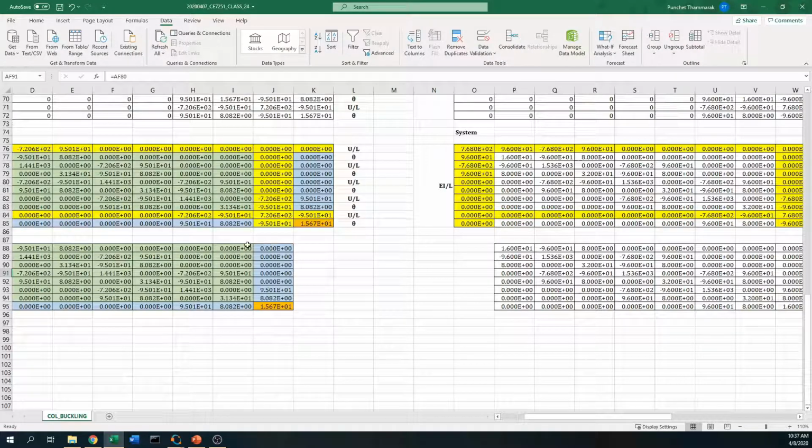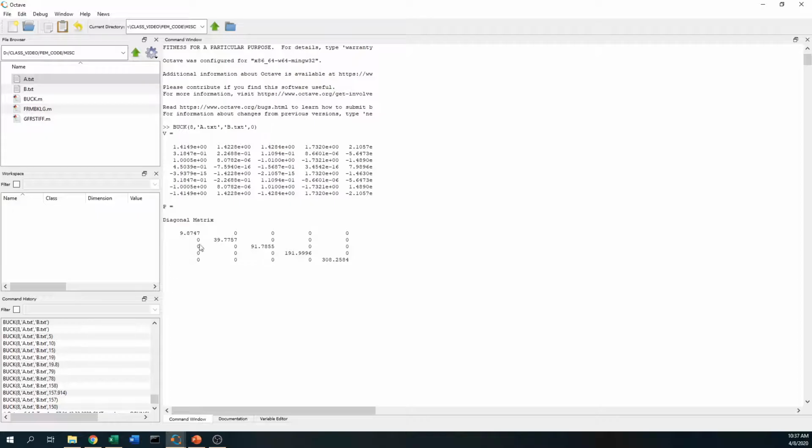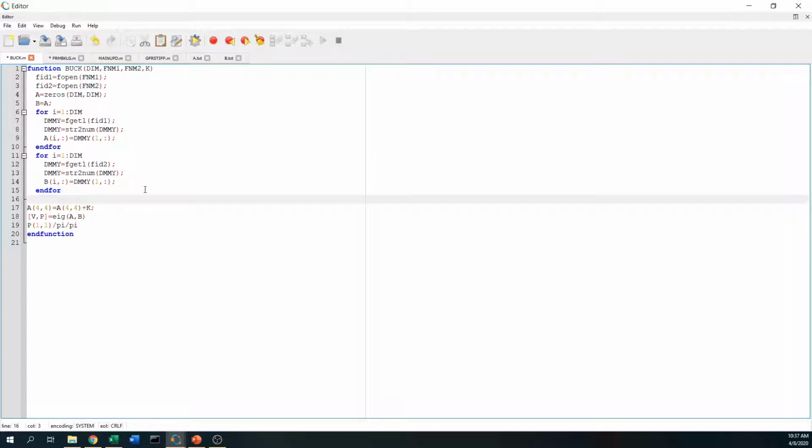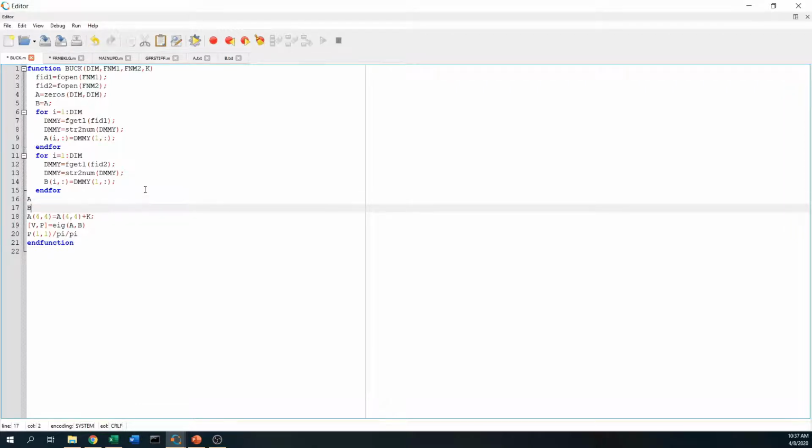I think it is a size of 8 by 8. Why is our eigenvalue turning out to be just 1, 2, 3, 4, 5? Why is it truncated? Let me check. It turns out to be the right number, but I want to know a little bit what is going on. I want to see A and B.